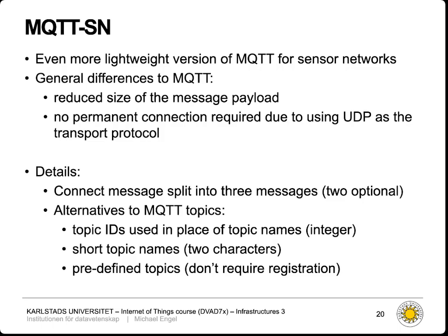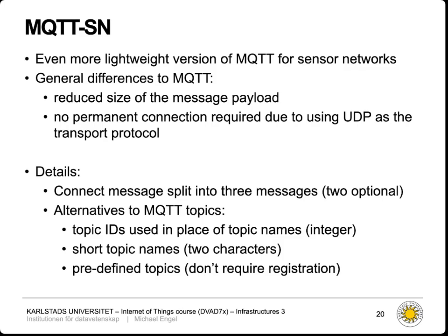And just some details here. So the connect message here is split into 3 messages where 2 are optional. So this saves network bandwidth, and especially topics are replaced or have alternative versions. So you can have topic IDs instead of topic names, which are just 2-byte integers. You can also have short topic names, which just consist of 2 characters.